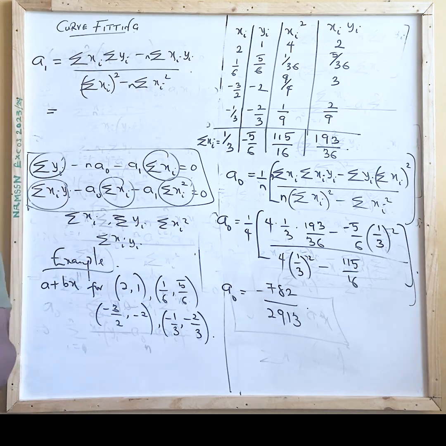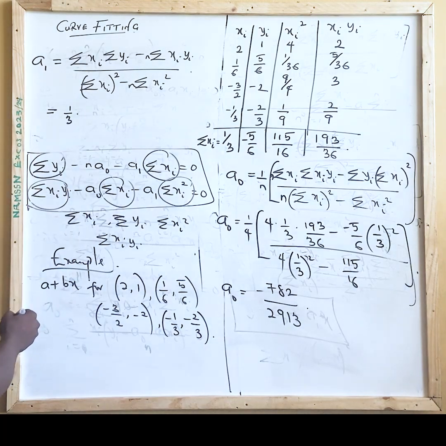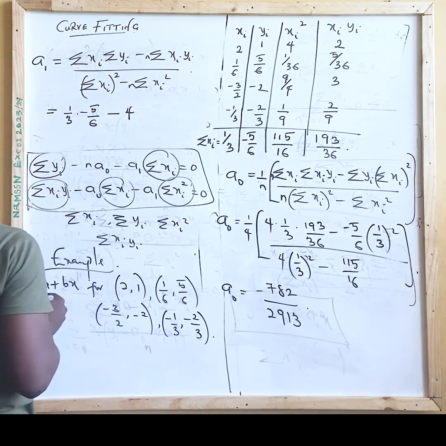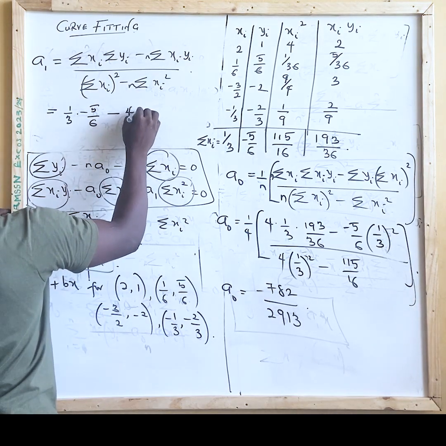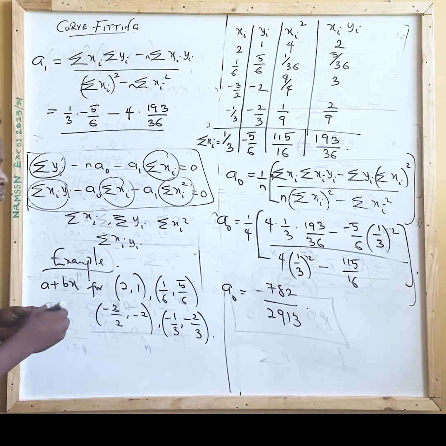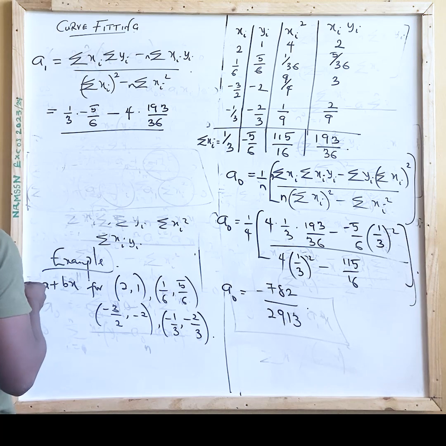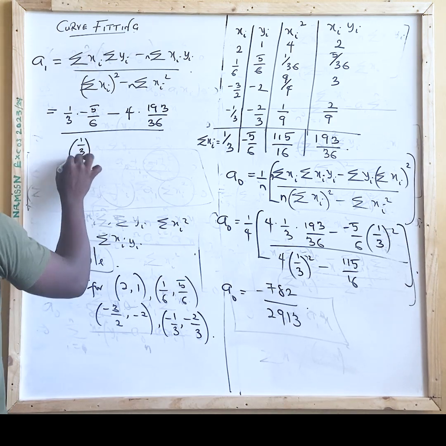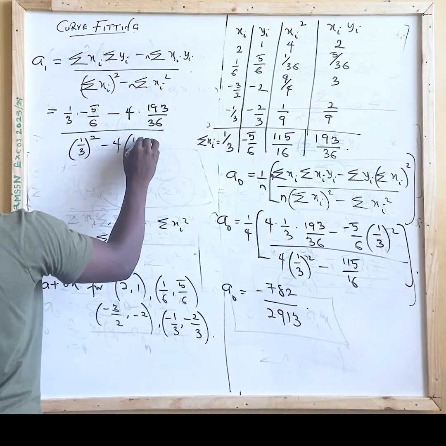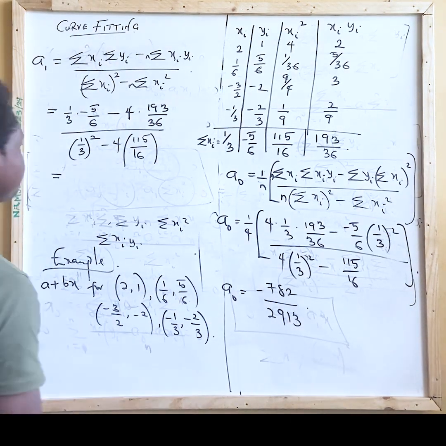So we have our summation xi is 1 over 3, times summation yi, which is minus 5 over 6, minus n, which is 4, times summation xi yi, which is 193 over 36, over summation xi all squared, which is 1 over 3 all squared, minus 4 times summation xi squared, which is 115 over 16.